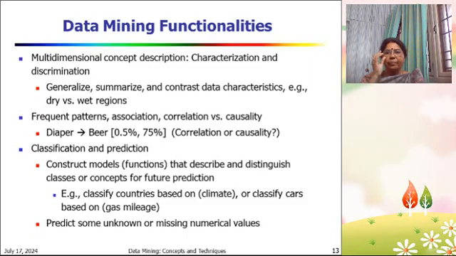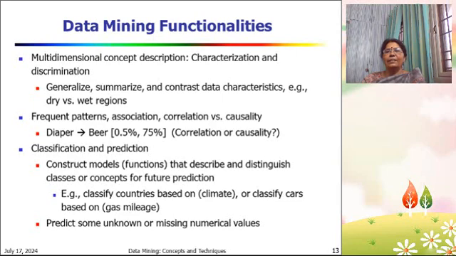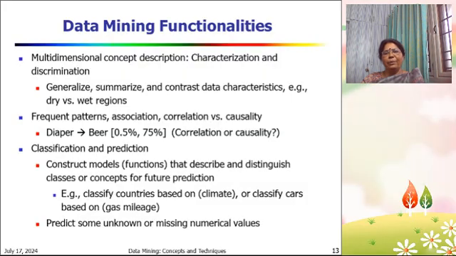Suppose in market basket analysis, what are the items that are frequently purchased by a customer? And then classification and prediction. Given an image, we classify whether it's a dog or a cat. And then prediction: given the features of a house, what will be the price of the house. Likewise, data mining functionalities can be applied depending on the type of application.